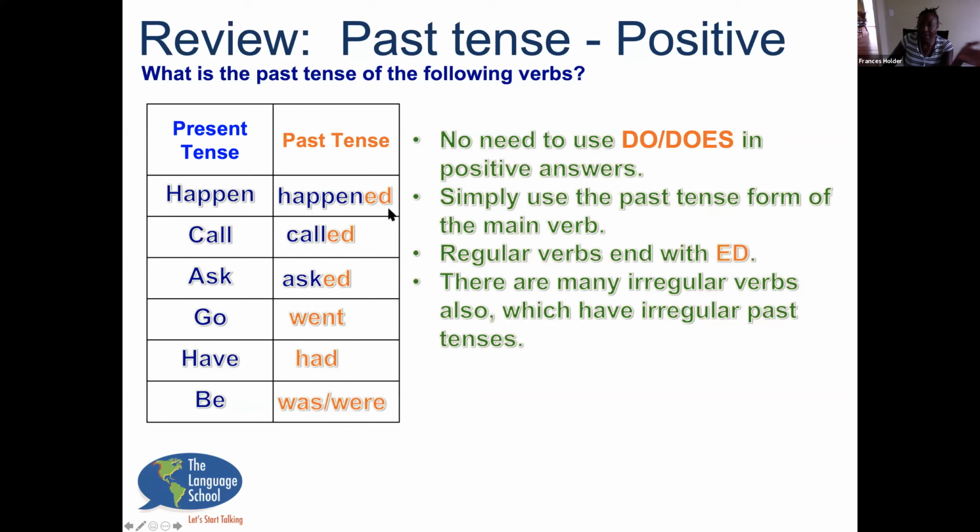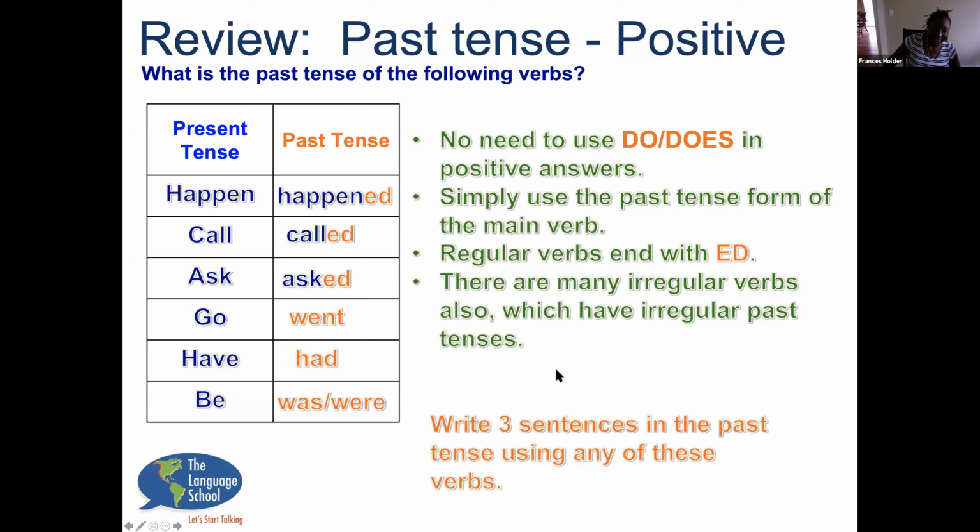So it's not like Spanish where you have to learn a different form depending on the subject. These are all the same for all the subjects, okay? For example, the verb call in the past tense is called. I called, you called, we called, they called. He, she, it called. It's the same form for every single subject. Easy in theory.